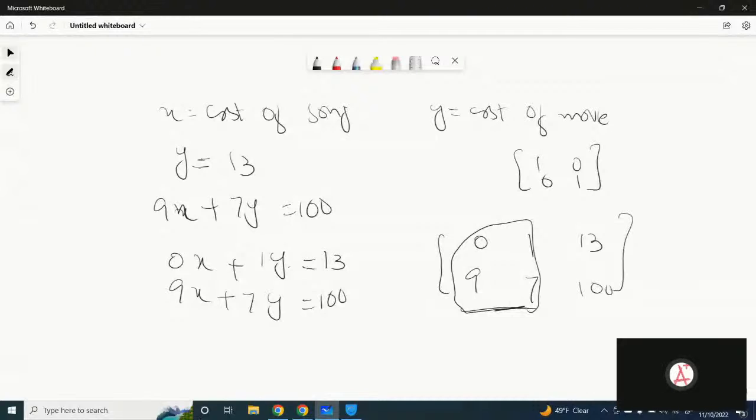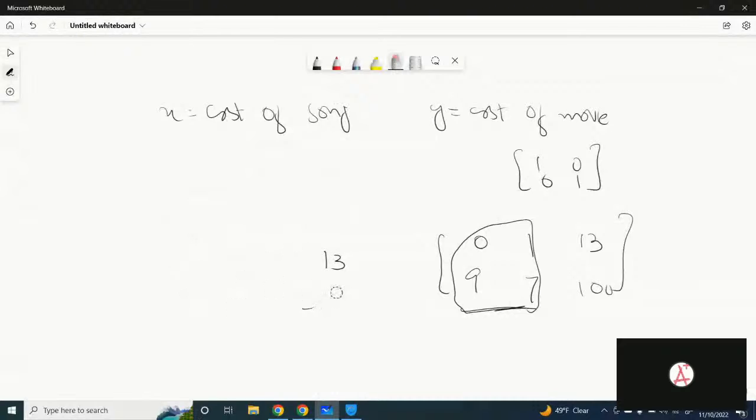Let me remove the equations so that we can solve it. Okay, so the matrix is 0 1 13 and 9 7 100.